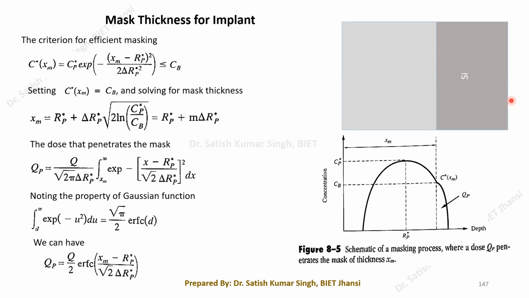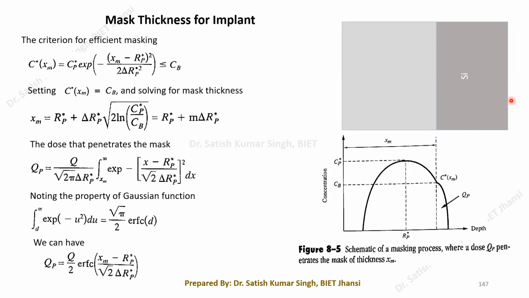It's not like that. I have exaggerated this picture to explain the concept of how to calculate the thickness of the mask that will be sufficient to stop the ion beams, so that the places where you don't want doping are protected.